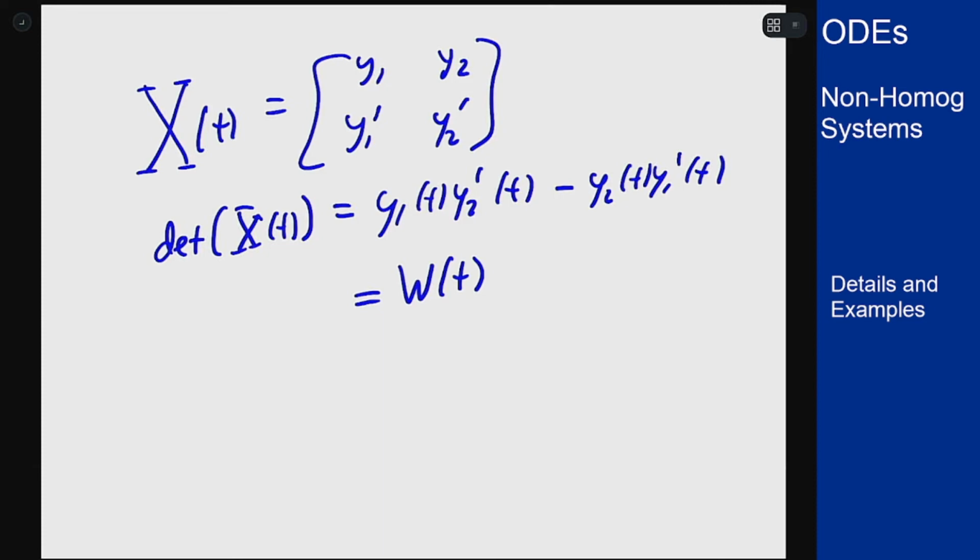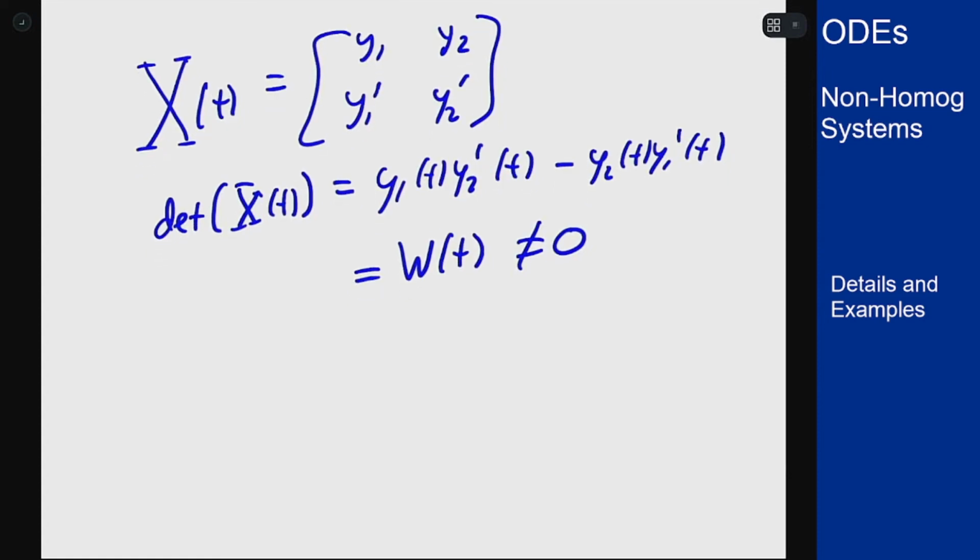Because we knew we had a general solution in the first place, that means these are linearly independent, so their Wronskian is non-zero, which means this matrix is invertible. So then we want to work out our solution using this. The point is, for variation of parameters, we have that capital X times this vector u' is going to equal our function f.